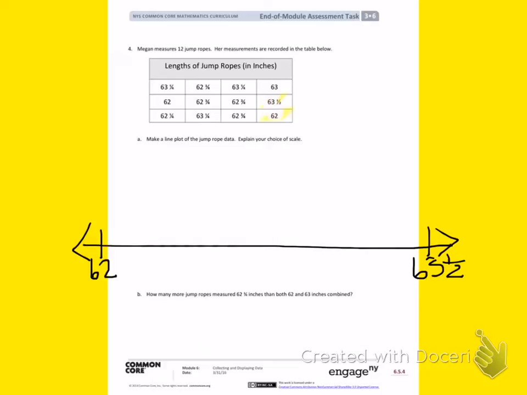I notice when I look at all the data that there are fourths, which tells me as a scale that I should count by fourths. So I'm going to continue to count 62, 62 and 1/4, 62 and 2/4, 62 and 3/4, then a whole number, 63.